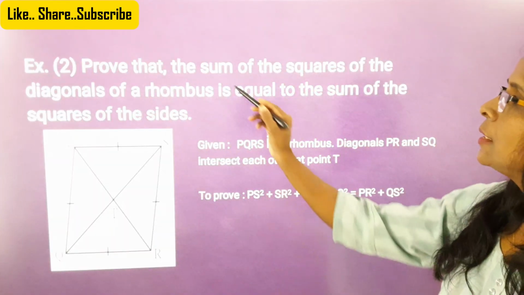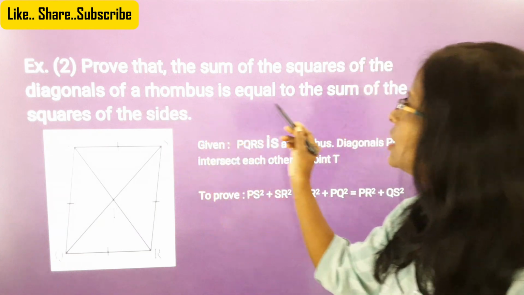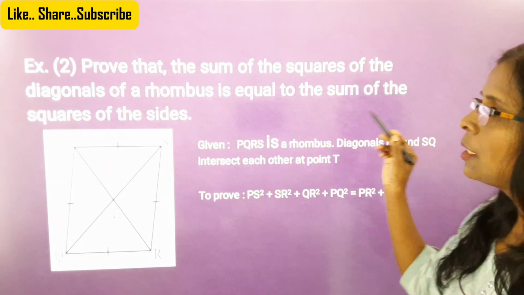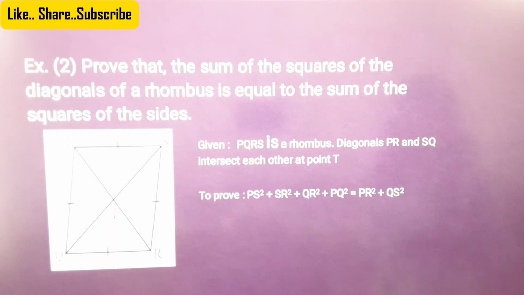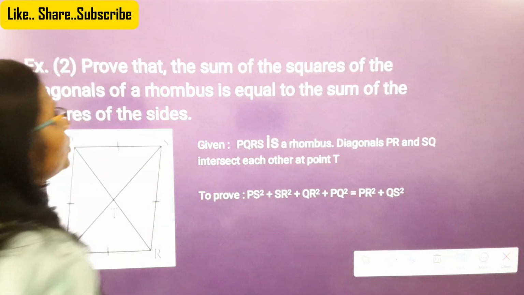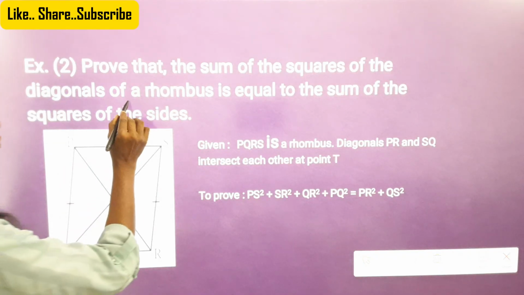Prove that the sum of the squares of the diagonals of a rhombus is equal to the sum of the squares of the sides. So now here the given information is the sum of the squares of the diagonals of a rhombus.